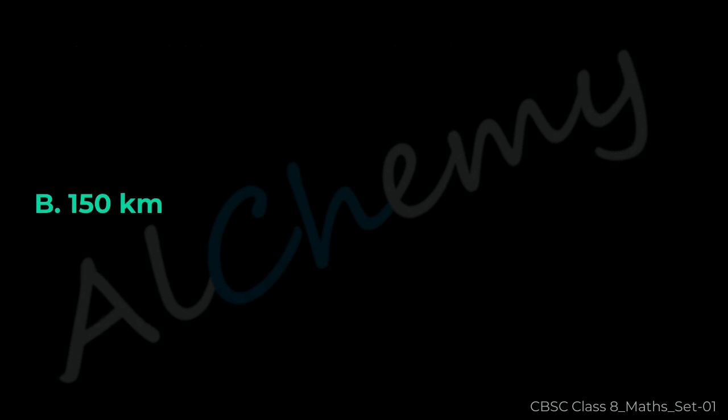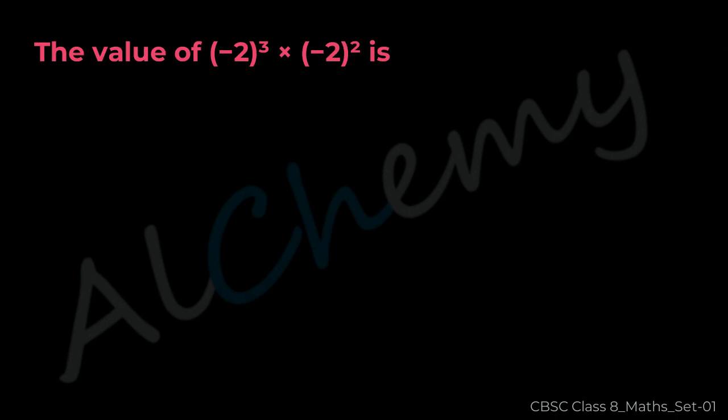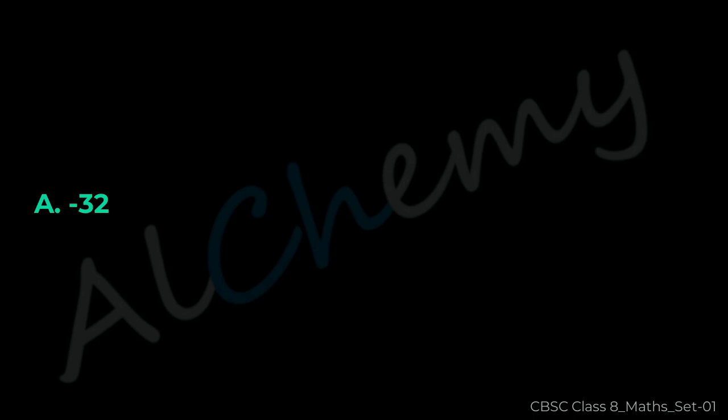The correct answer is B, 150 kilometers. Question 44. The value of 2 superscript 3 times 2 superscript 2 is A minus 32, B 32, C 16, D minus 16. The correct answer is A, minus 32.